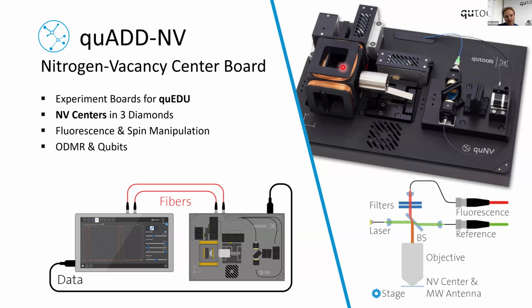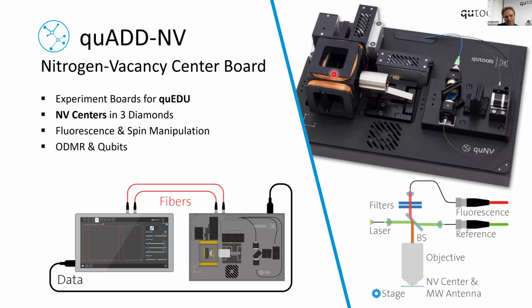Actually, we have 3 different diamonds with NV centers, so you can have a little selection and compare between the different diamonds and how they differ. And in order to align everything and to select one of these diamonds, we have a 2D stage that moves both the diamonds on the stage, but also the microwave antenna, so everything is aligned correctly.